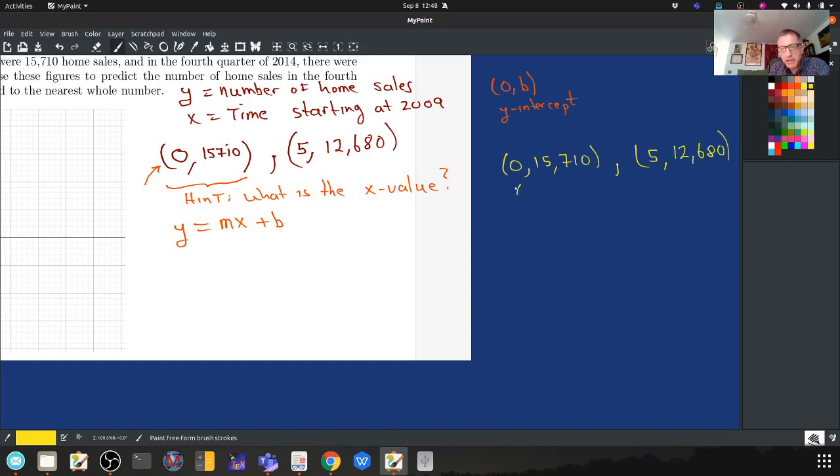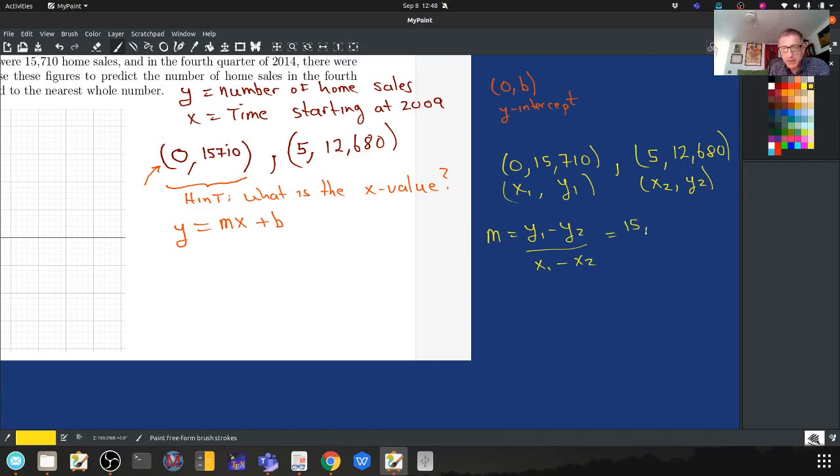I'm just going to choose this to be my x1, y1. It doesn't matter, you could have chosen that to be the x2, y2, and this is going to be the x2, y2. And my slope m, again the formula is y1 minus y2 over x1 minus x2.